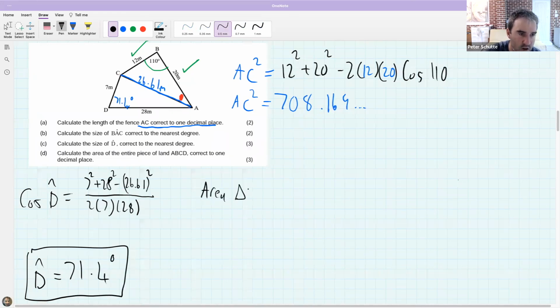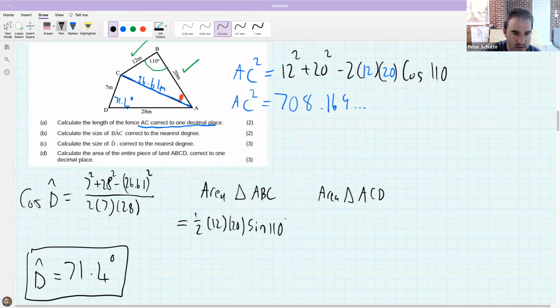So we need the area of triangle ABC, and we need the area of triangle, let's call it ACD. Times sine of 110.